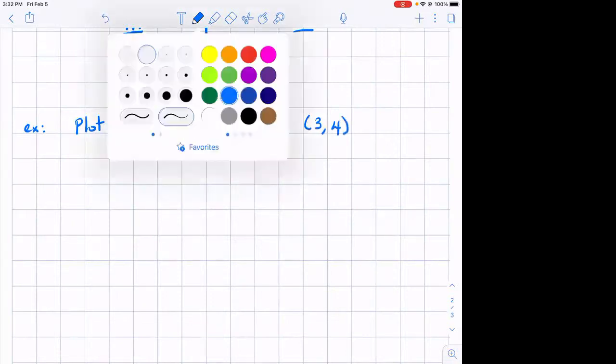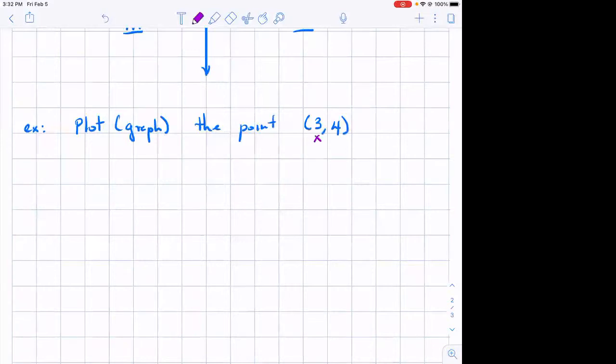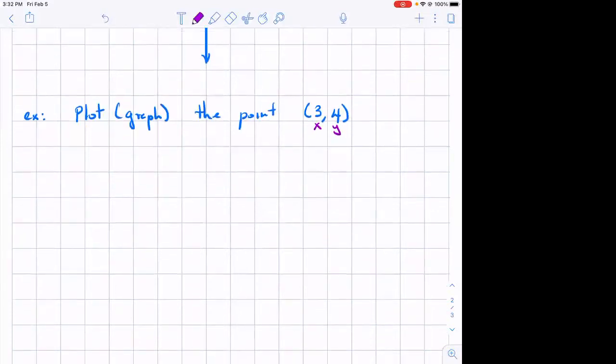So you have to remember that x is 3, y is 4. So if we look at this on the xy axis, it's very important that you label your axis.